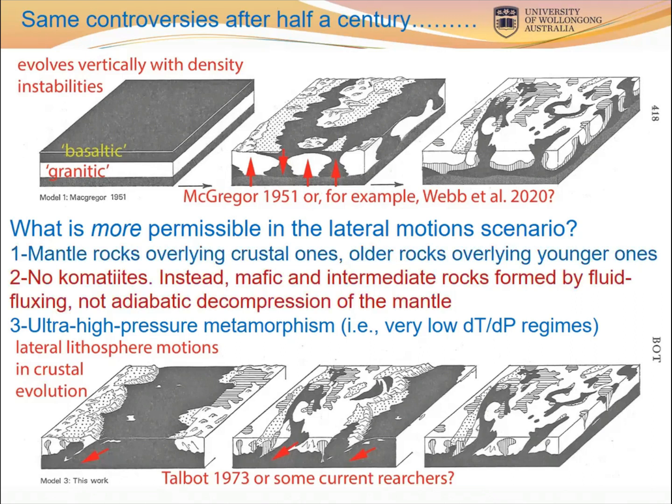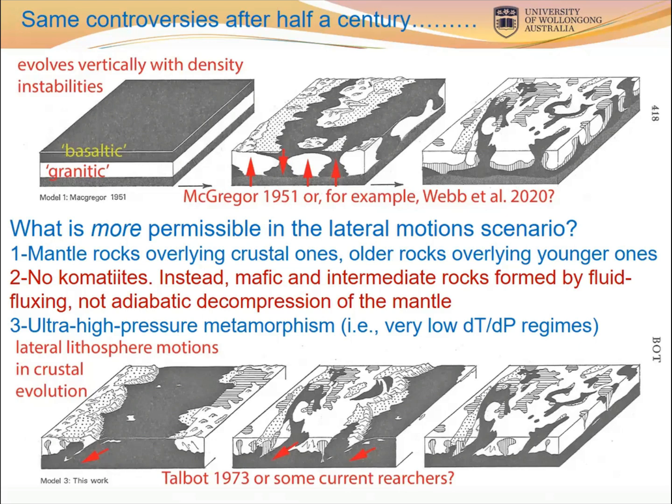Another thing one would look for in plate tectonics is mafic and intermediate rocks formed by fluid fluxing, not adiabatic decompression of the mantle, because that's what happens in the mantle wedge at modern convergent plate boundaries. You've got water and other volatiles being driven off the subducted slab and triggering melting in the mantle wedge between the subducted slab and the overlying preserved edge of the plate.